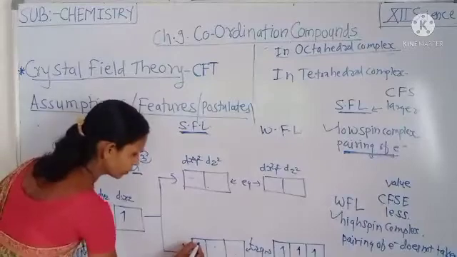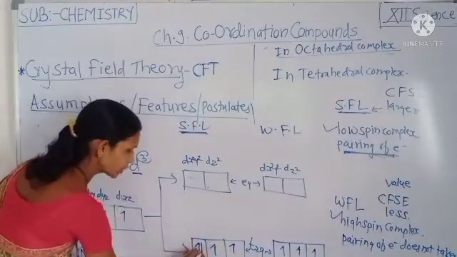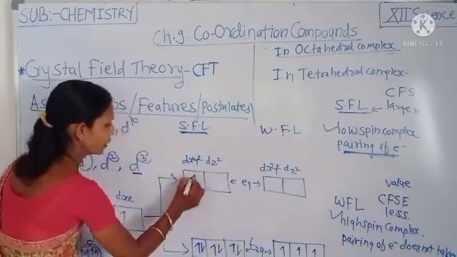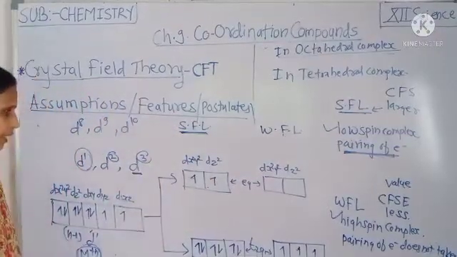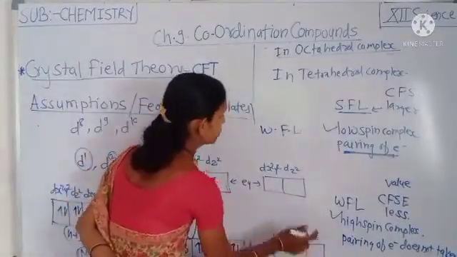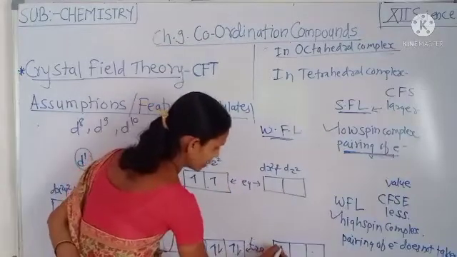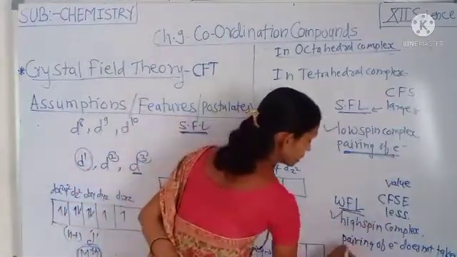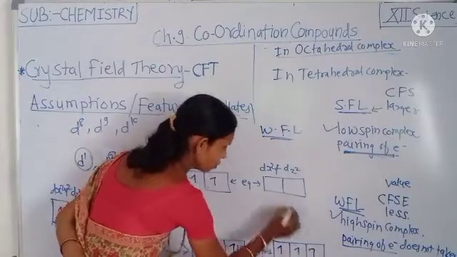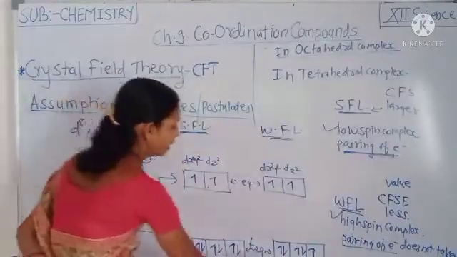So 1, 2, 3, 4th electrons pair up here, and the 5th, 6th, 7th and 8th electrons enter the EG orbitals. If a weak field ligand approaches, pairing does not take place, so the first electron enters here, second, third, fourth here, fifth, sixth, seventh and eighth.